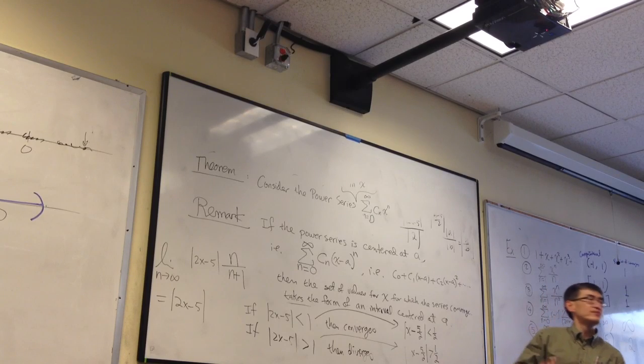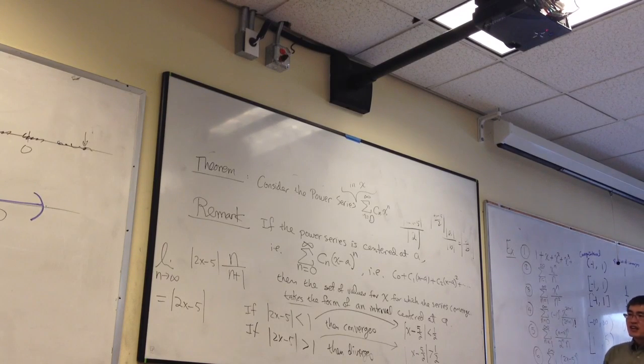And then, likewise, the other inequality can be rephrased as the absolute value of x minus 5 halves is greater than 1 half. And therefore, I know that the radius of convergence is what? 1 half. The interval is centered where? 5 halves. So the picture is that I have 5 halves here. And if my distance away from it is less than 1 half, then I'm fine.